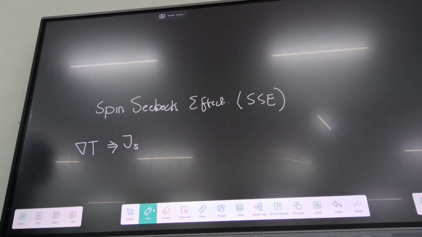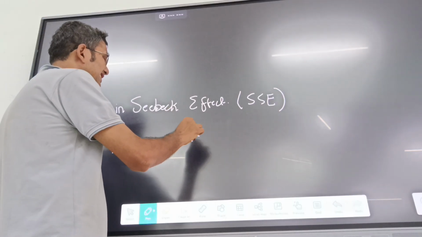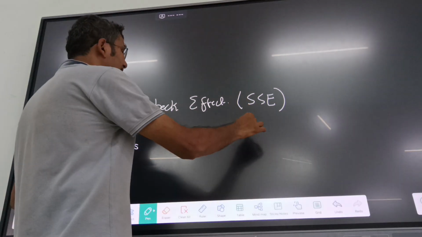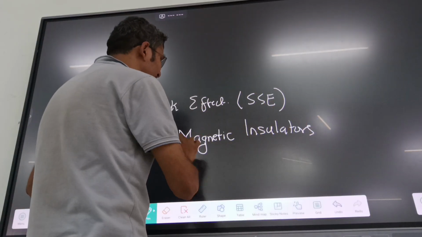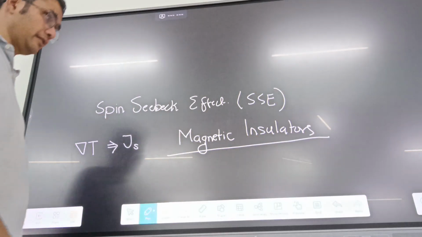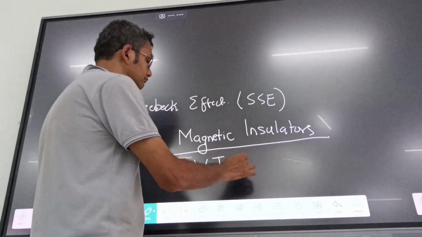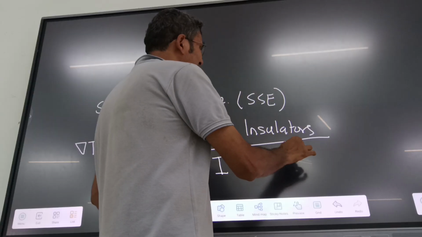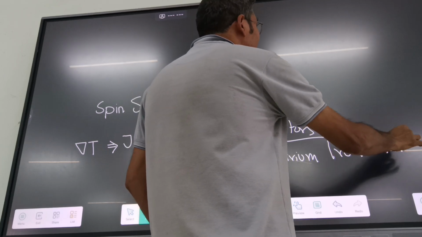इसका example है, there is something called magnetic insulators. Magnetic insulators, and very good example of this is YIG. It's called yttrium iron garnet.